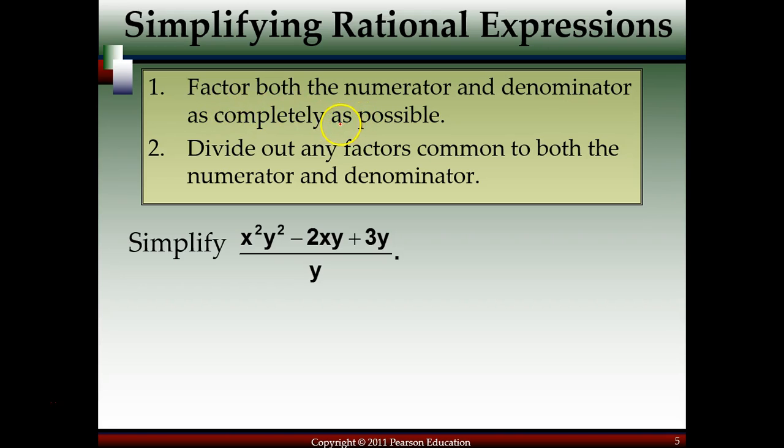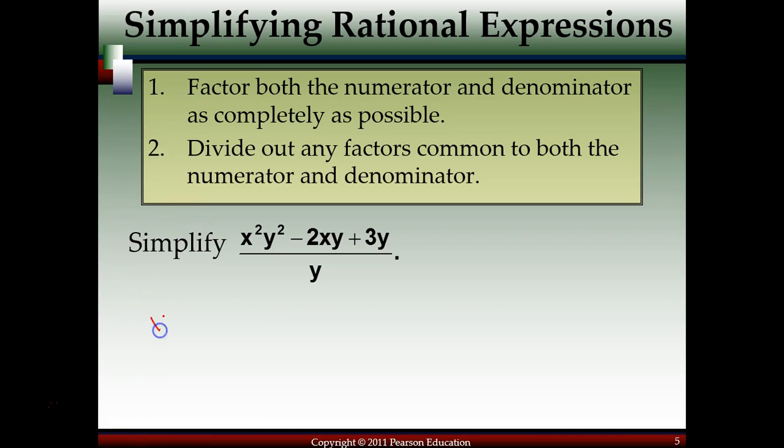Once you get it all broken down into its complete factored form, then divide out any factors common to both the numerator and denominator. So let's do that with this expression here. The greatest common factor in the numerator is y, so let's factor out a y.